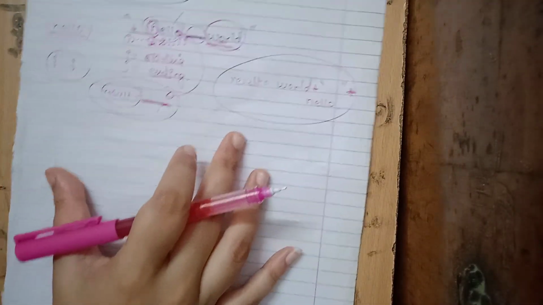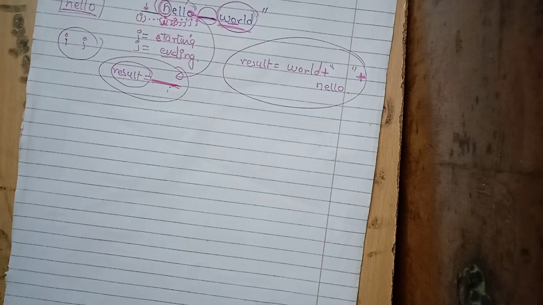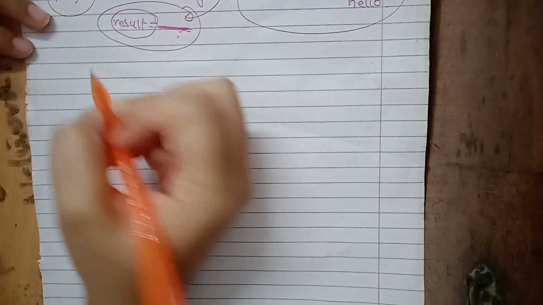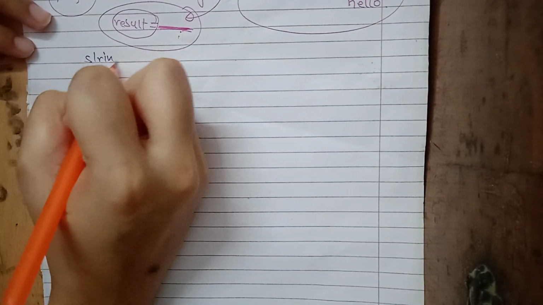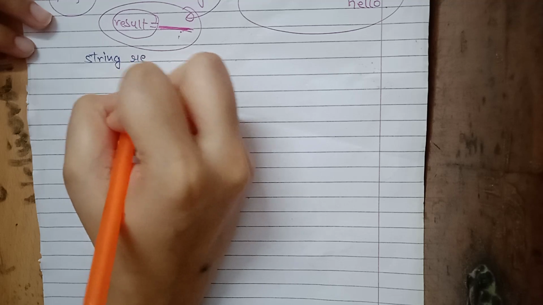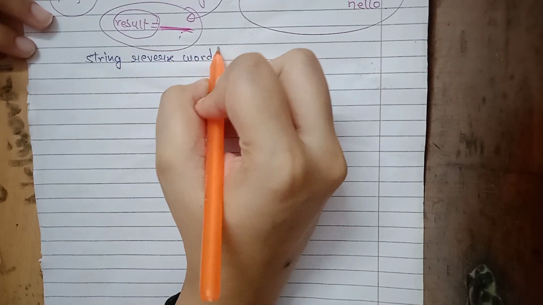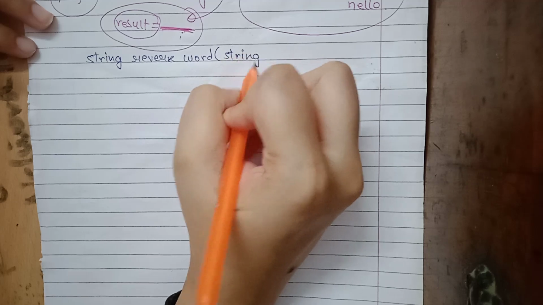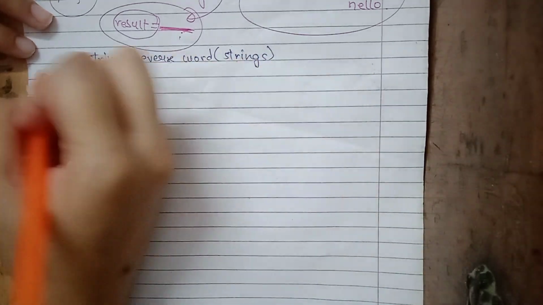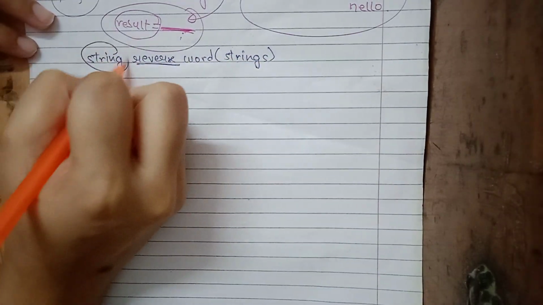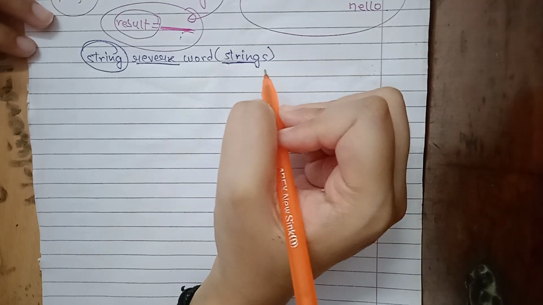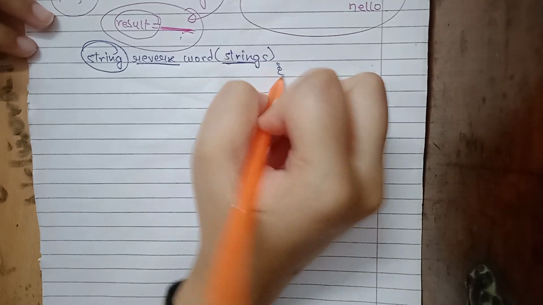I will now show you with the help of code. If I want to reverse my string, the function is string reverseWord with string s as a parameter. This is my function name which will return a string, and the parameter is a string s which is given to me.